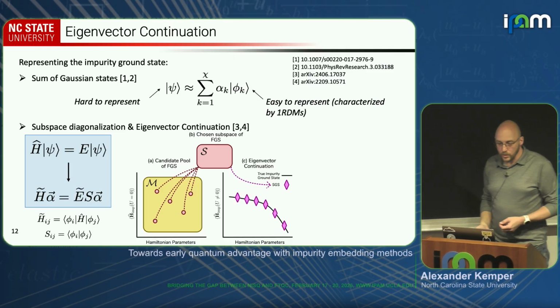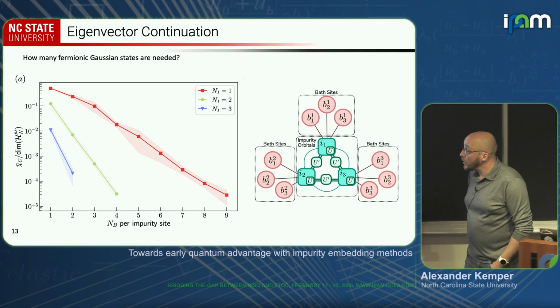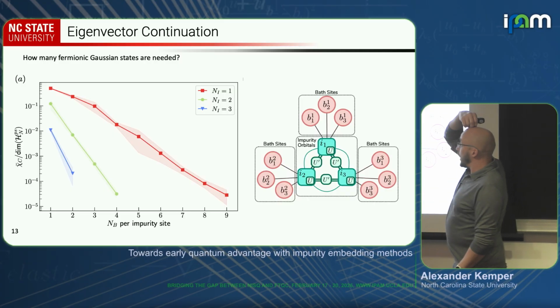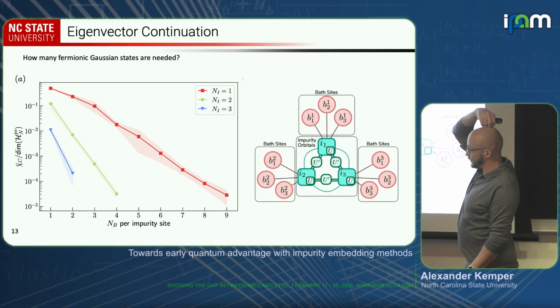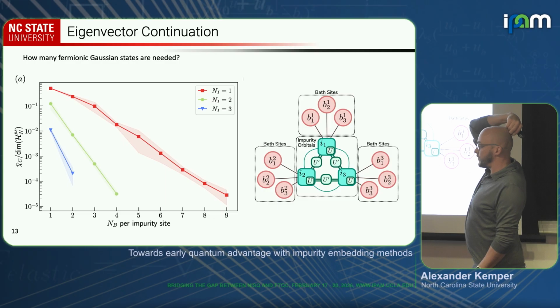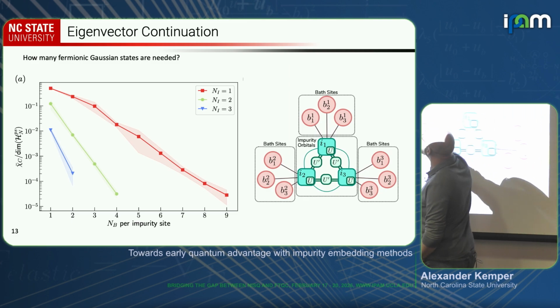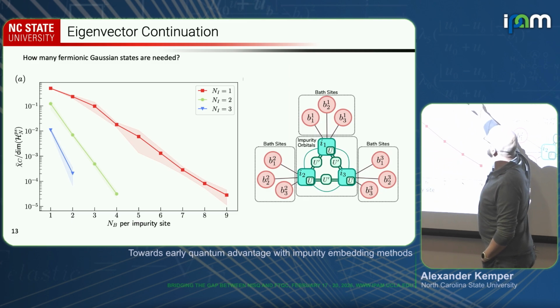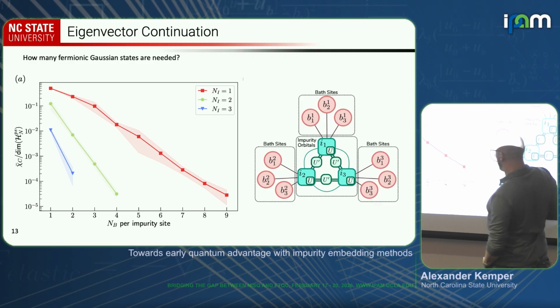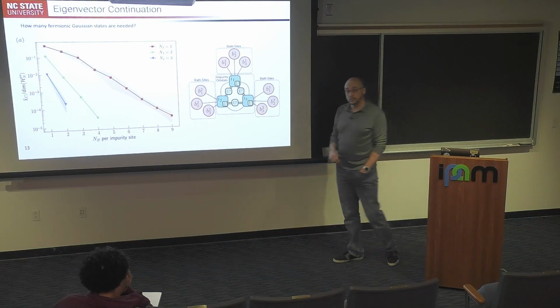Okay. Now your question, how many? What I have here is the fraction of the full Hilbert space that I would need to represent this problem. So this is for 1 impurity site, 2 impurity sites, 3. You're saying per orbital? Sorry, I was confusing bath and orbital.